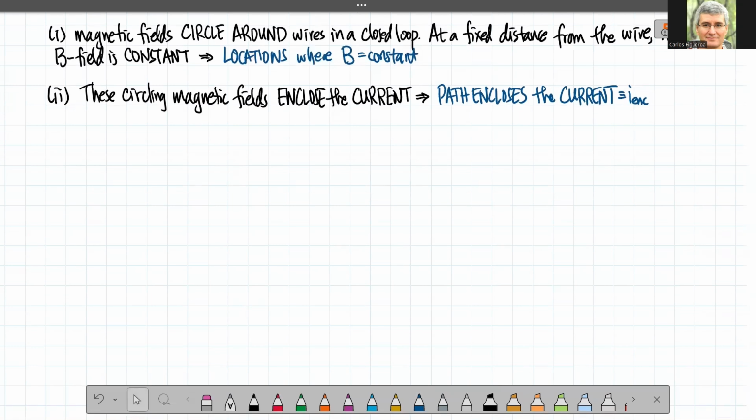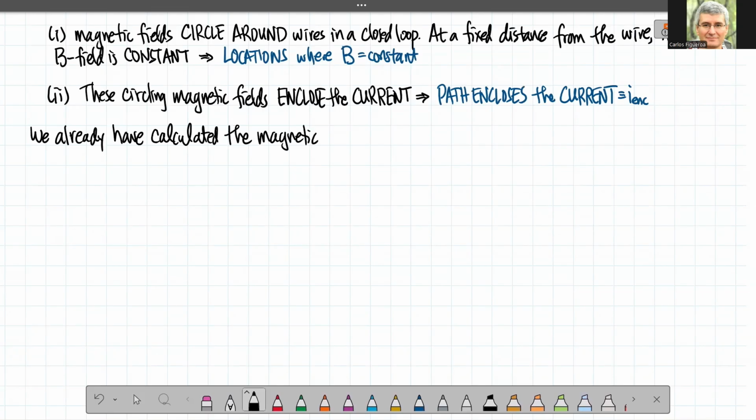So if I move on here and get ready for going from the Biot-Savart law to essentially Ampere's law, we could say here that we already have calculated the magnetic field of a wire via Biot-Savart law.